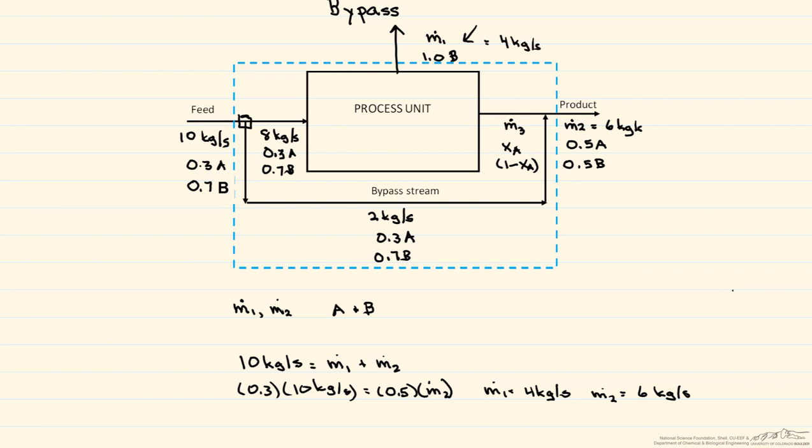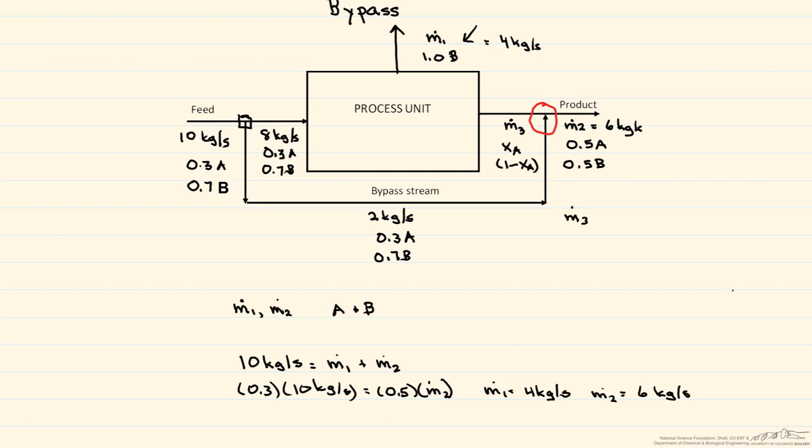Now we're going to have to do a balance for our M3 and our XA. So let's do our balance right here around our mixing point. And again, remember, because it is a mixing point, the compositions are not the same. So we have here that M3 plus 2 kilograms per second is equal to 6 kilograms per second. Therefore, M3 is equal to 4 kilograms per second.